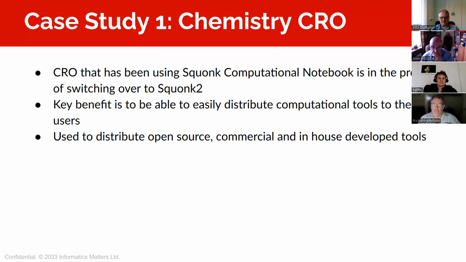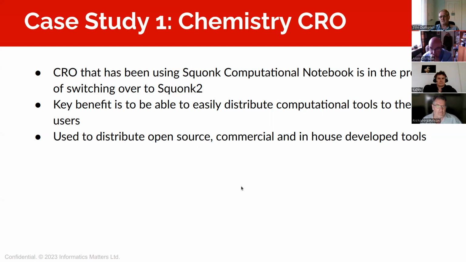Some of the tools are too expensive to distribute to the whole community, and open source equivalents would be more attractive. And some of them, just deploying them across their organization turns out to be a complete nightmare. And just by dropping those jobs into Squonk, it makes their lives so much easier, and gives their scientists access to these tools.